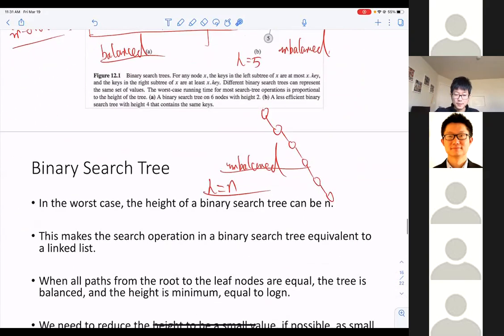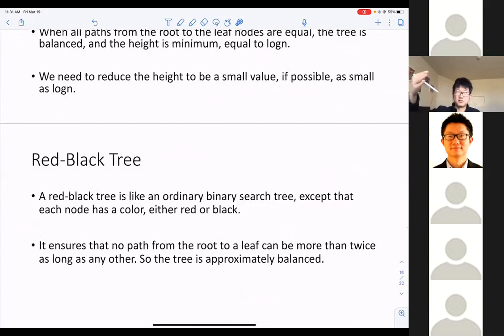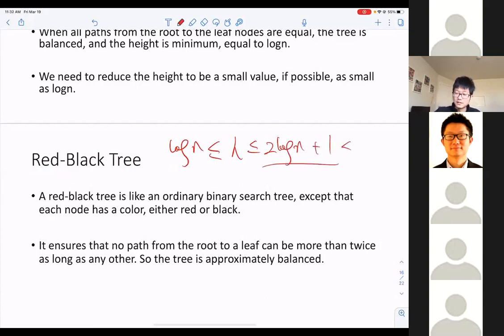And then people designed a more advanced version of the binary search tree called the red-black tree. The red-black tree is going to guarantee that the height of the tree is as low as log n, but as high as 2 log n plus 1. And this value is going to be much lower than O(n).